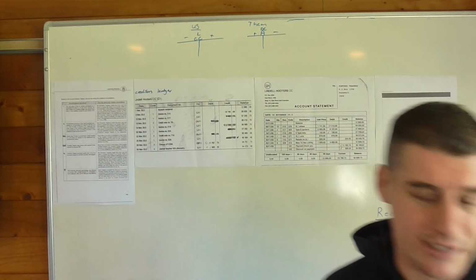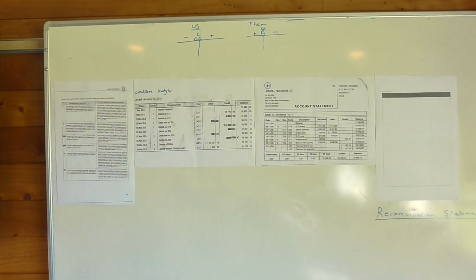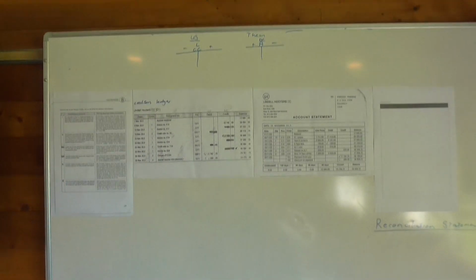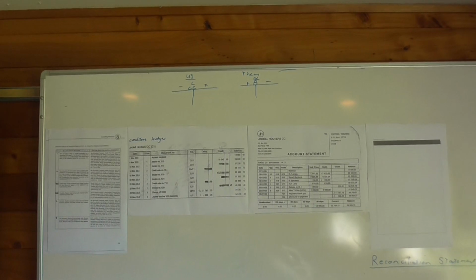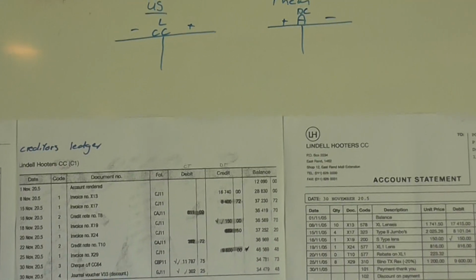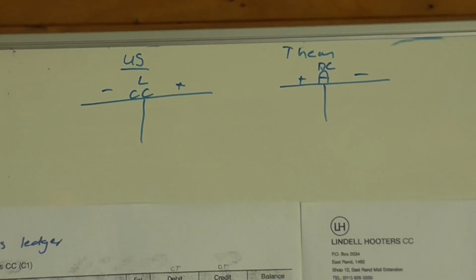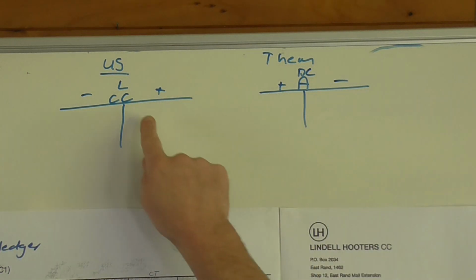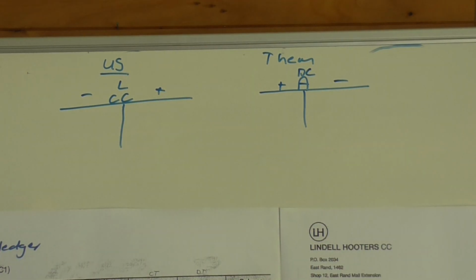Before we start, I also want to bring the following to your attention: remember how companies view themselves. To your business, the creditor is creditors control, which is a liability.